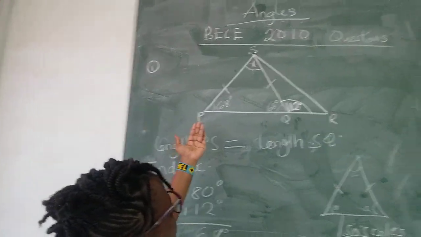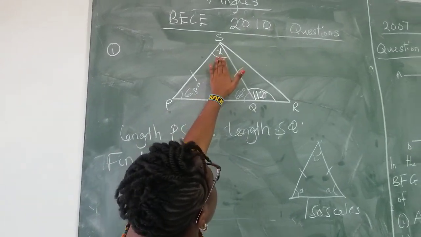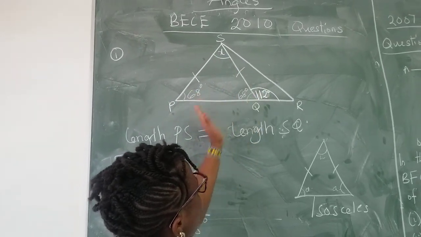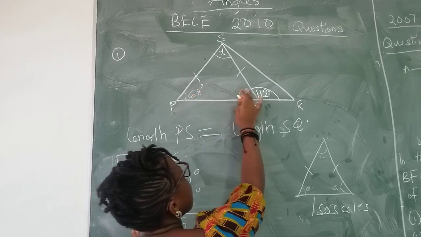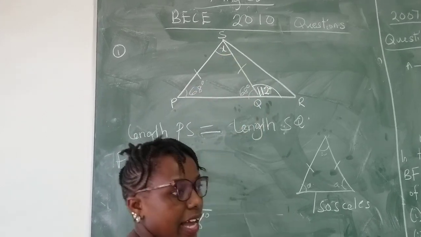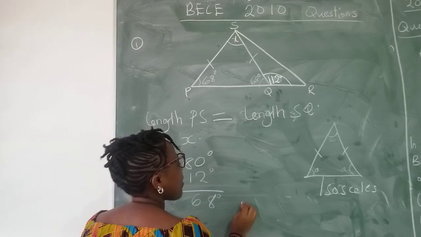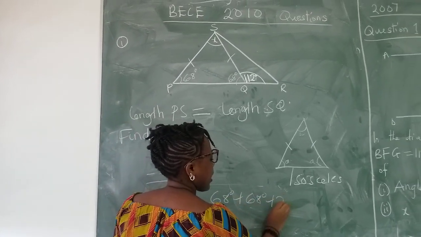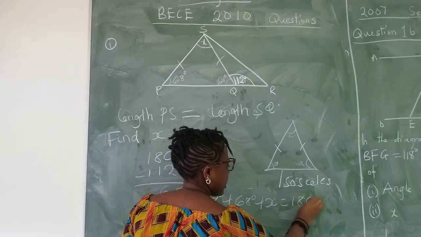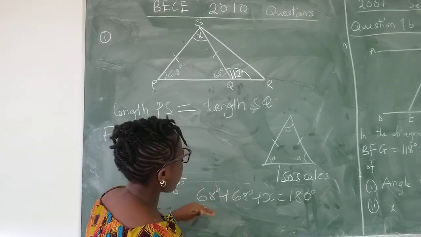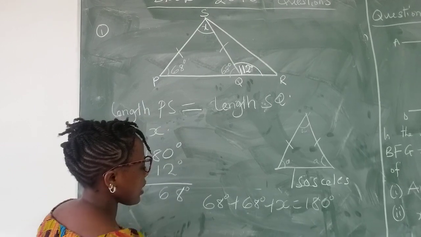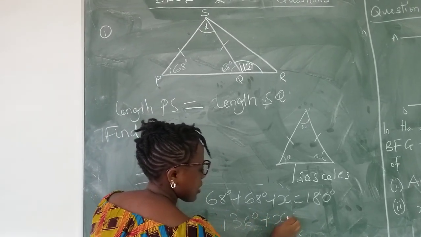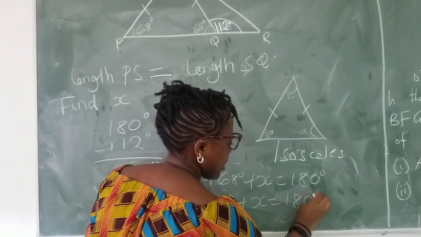So we can now very easily obtain the value of x using the properties of angles in a triangle. We sum this angle plus this angle plus this angle to give us 180 degrees. So we'll have 68 degrees plus 68 degrees plus x should give us 180 degrees. When we sum 68 plus 68, that gives us 136 degrees, plus x to give us 180 degrees.